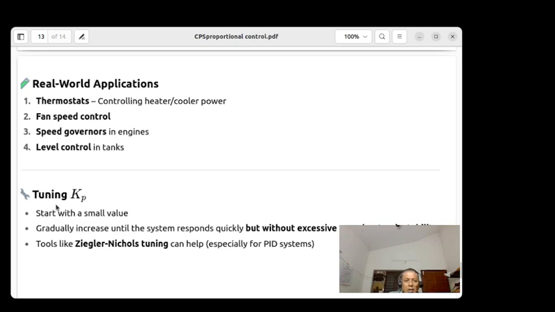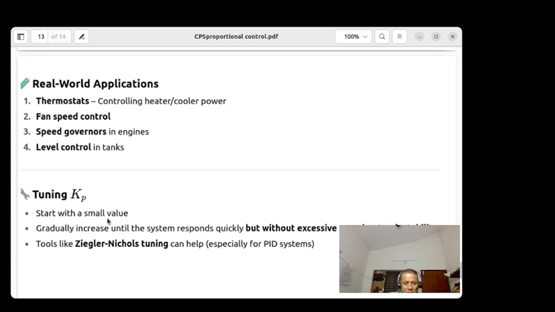Then how can we tune Kp? I have told you, we have to put a value for Kp. If you are using an operational amplifier, we have to change the value of the feedback resistor to change the gain. But if you are using a digital controller, we have to change only the value of Kp.